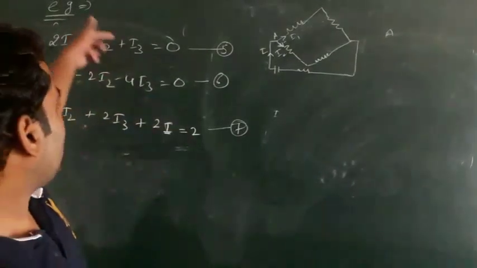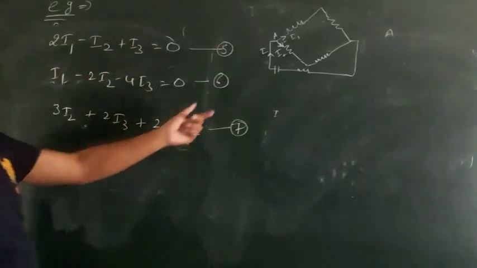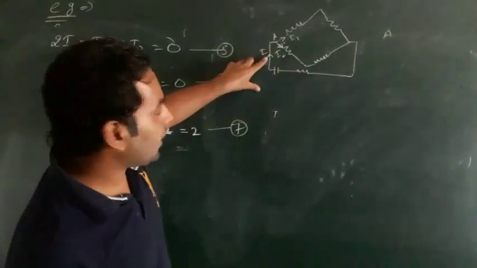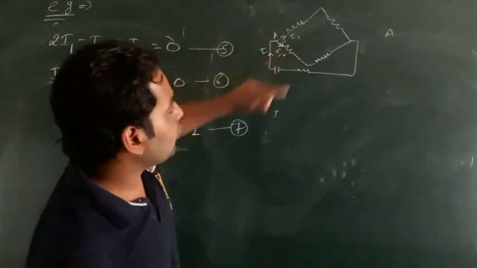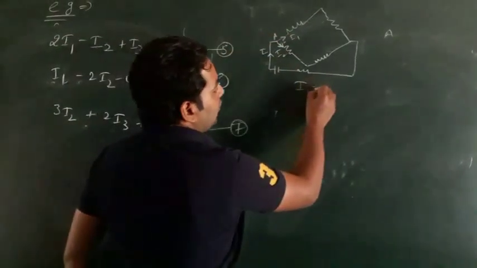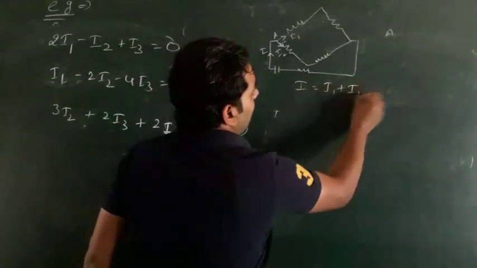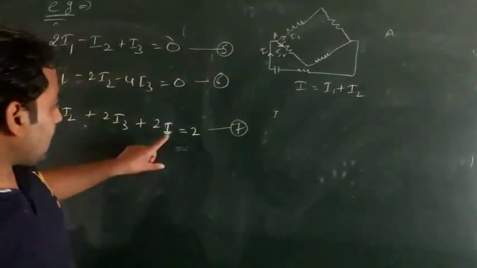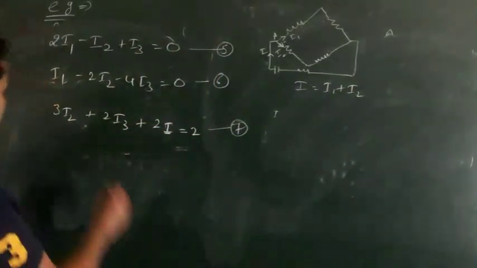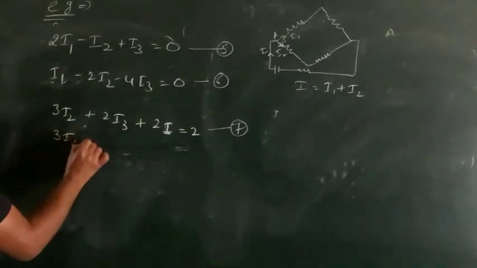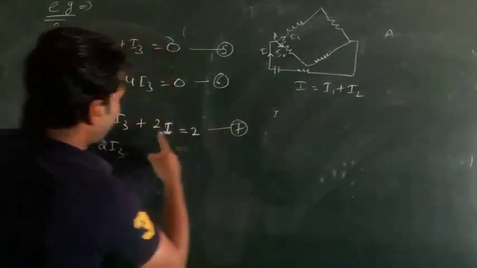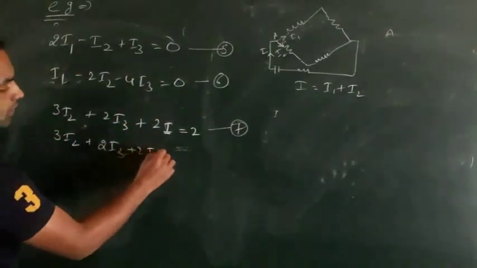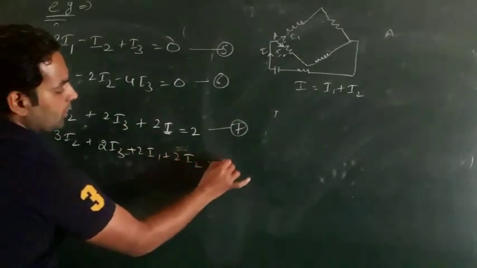To solve this, we will first go back to the diagram. When the current I starts from here, it divides into two parts, I1 and I2. So I can write that I is equal to I1 plus I2. In place of I, we put I1 plus I2. So here it comes out to be 3I2 plus 2I3 plus 2 times I1 plus I2, so 2I1 plus 2I2 is equal to 2.